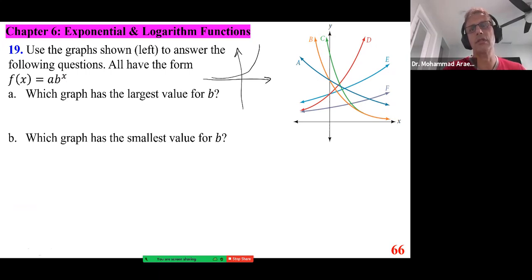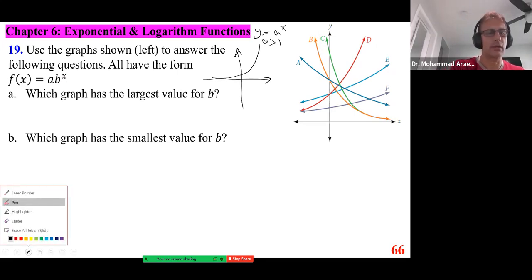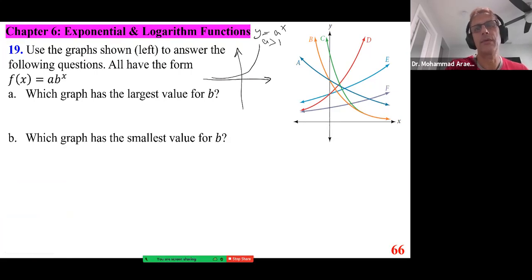Generally speaking, this is y equal to, let's say, a to the power of x, where a is positive. Or specifically larger than 1. If we, let's say, go like that, a is between 0 and 1.